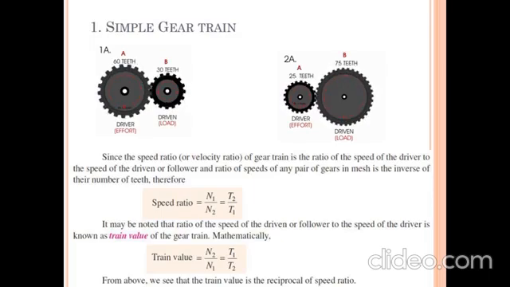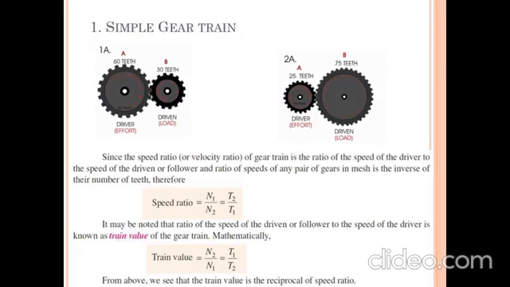And it is also equal to the inverse of their number of teeth, that is T2 upon T1. This ratio is the speed ratio. For a simple gear train, speed ratio is equal to the speed of the driver divided by the speed of the driven gear.